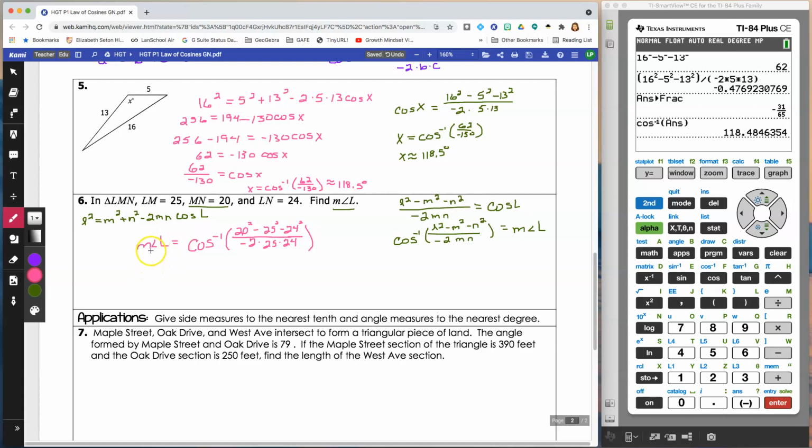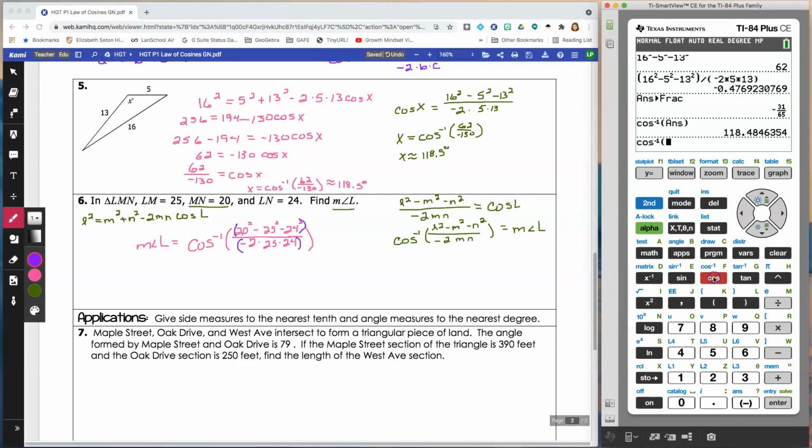I'm sorry, my angles and my L's look a lot alike. All right, so how do I simplify this? I've gotten my equation this far. What do I do from here? You have several options. You can type the whole thing in your calculator at once. If you do that, you need to remember to group that numerator together and to group that denominator together. So here's what that would look like in your calculator.